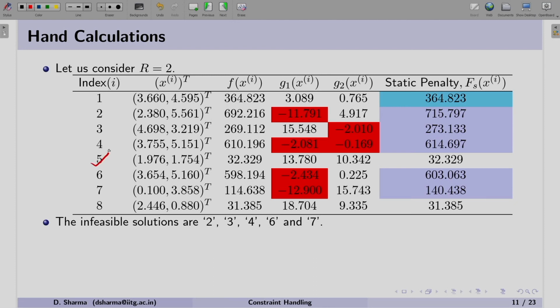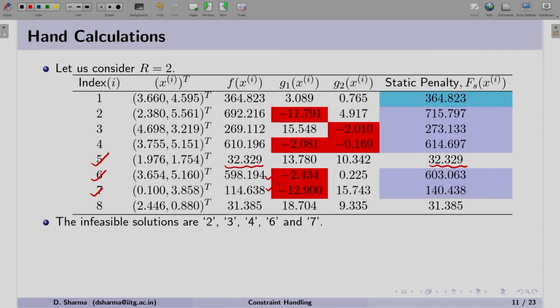Now, for solution number 5, since it is a feasible solution, the objective function value is the same, or the fitness is the same as the objective function value. For solution number 6 and 7, as we can see, the G1 constraint is not satisfied.